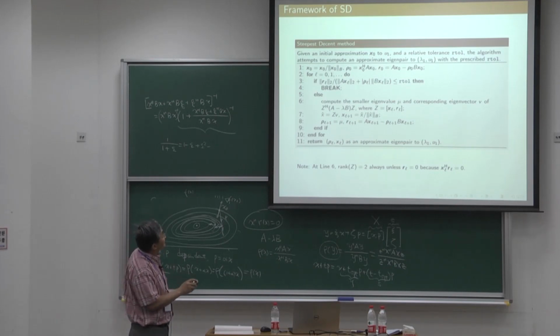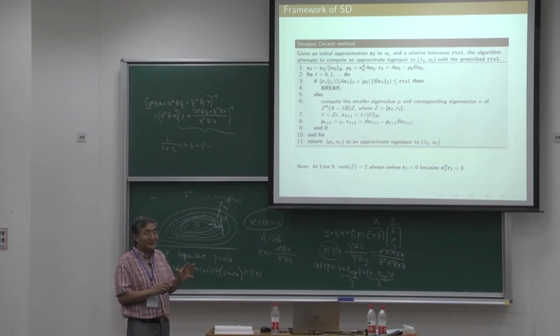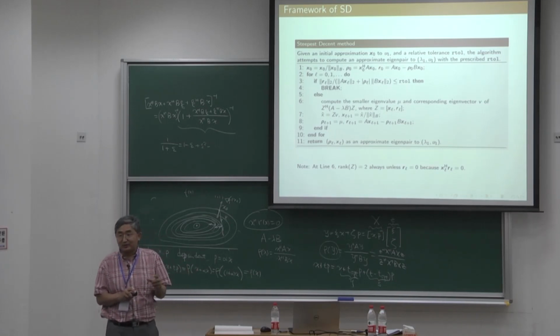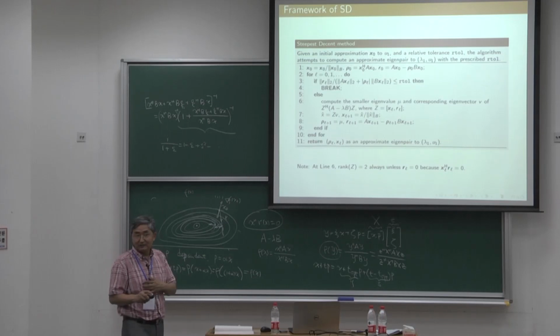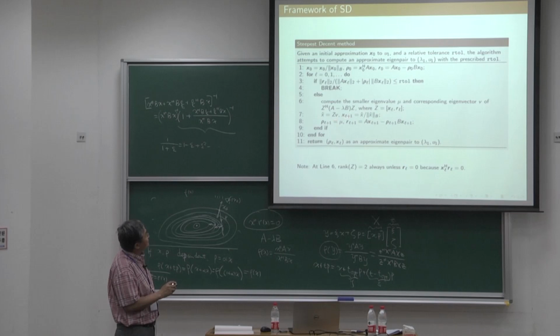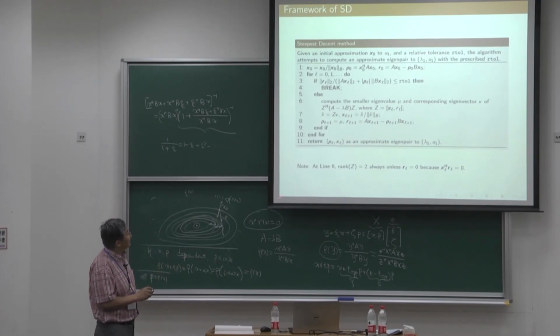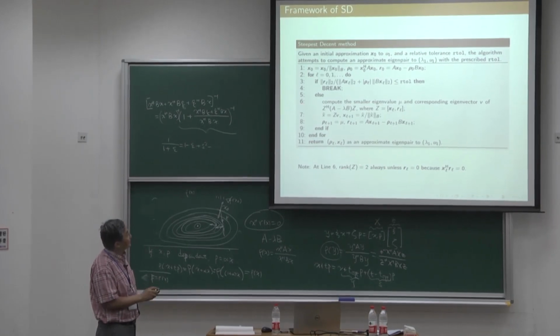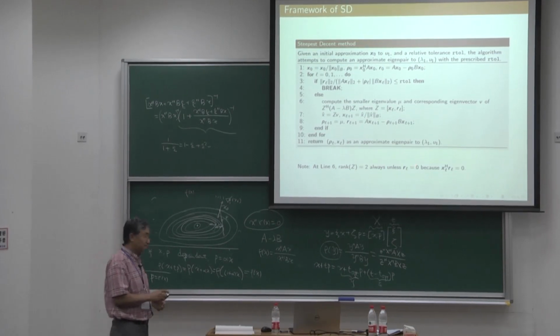But with the gradient direction r, they're always linearly independent, unless r equals 0. In that case, you're happy, and we're happy. So you compute the new approximation and then return back. Okay, all right. So I put it here: in line 6, the rank is always 2 unless the residual equals 0. Okay.